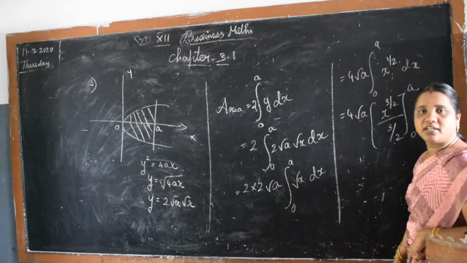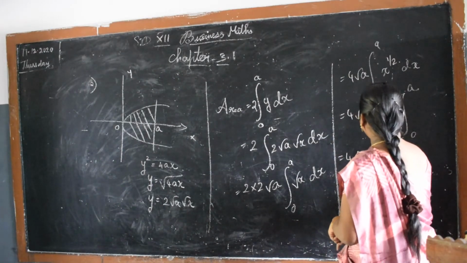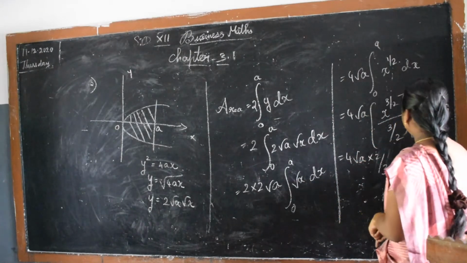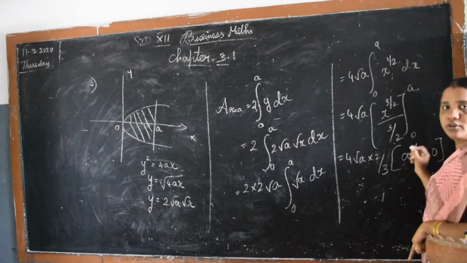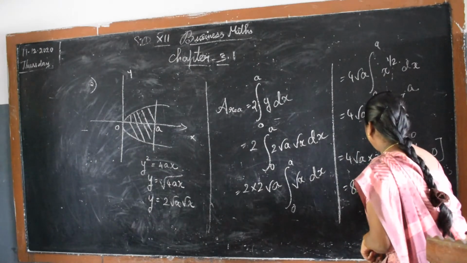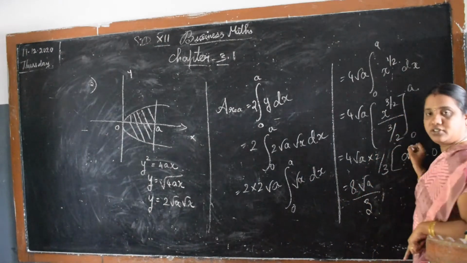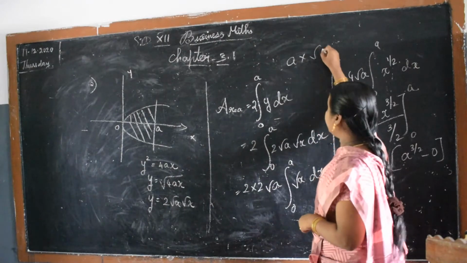Have you understood, children? Now take this to the numerator. 4 root a into 2 by 3, a power 3 by 2 minus, next our lower limit is 0. Now you multiply this: 8 root a by 3, this a power 3 by 2. How can you write a power 3 by 2? A into root a.